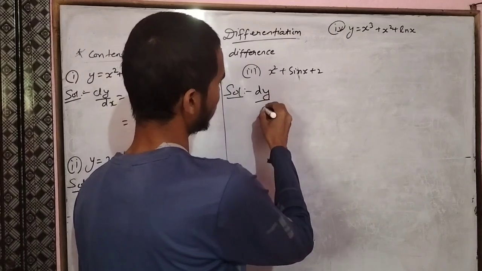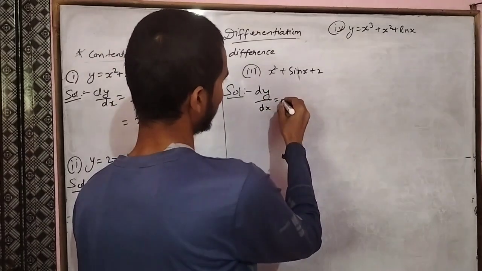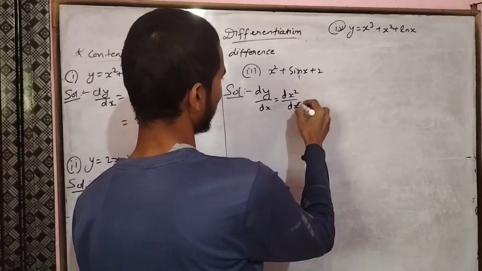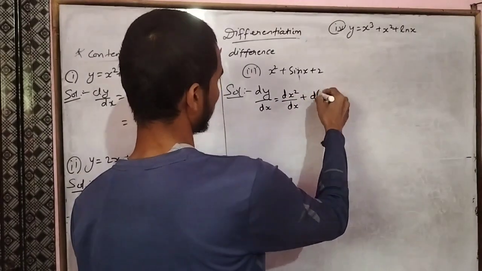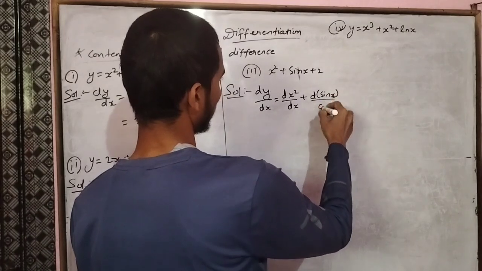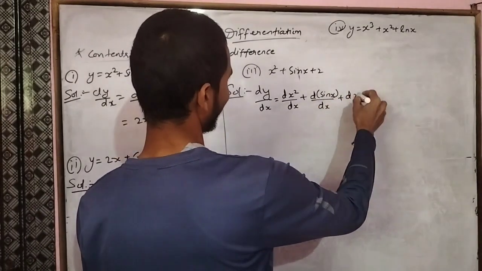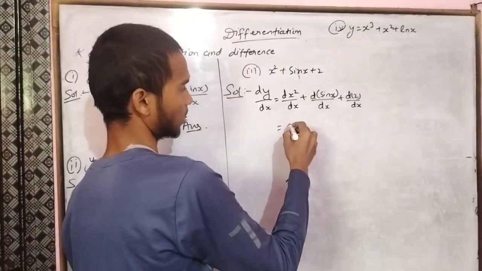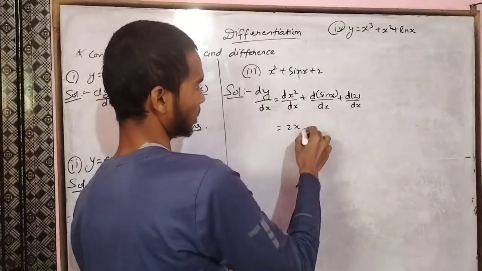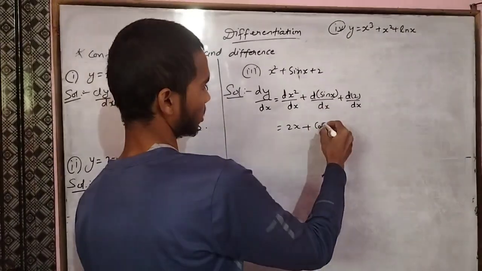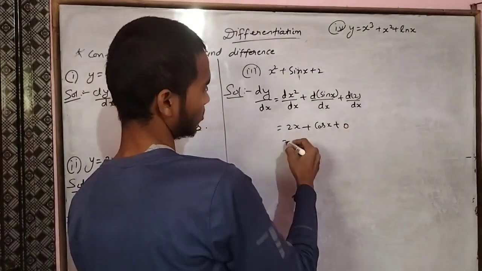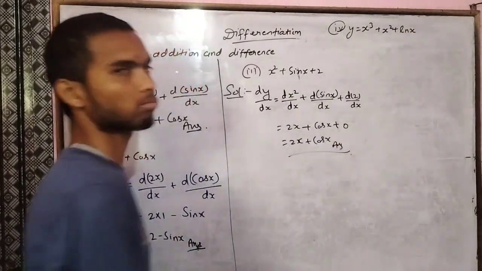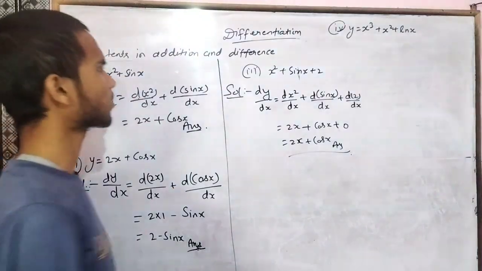How? x square can be written as 2x, and cos x, and then 0. Finally, 2x cos x is the answer. Got it? That's it. Now fourth.